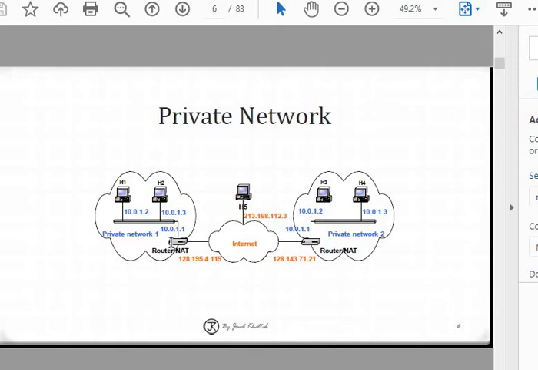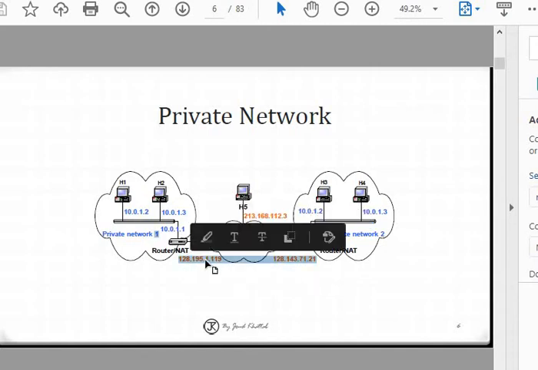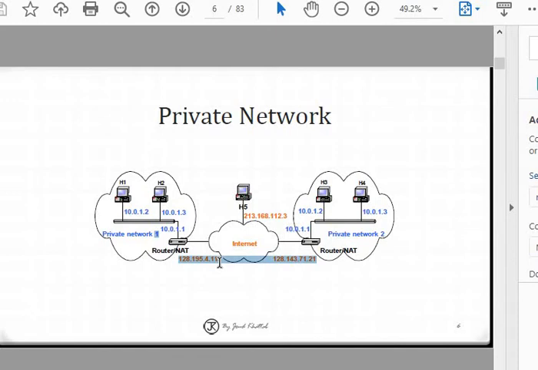Now, your college has taken some ISP, internet service provider, let's say BSNL or Airtel or Tata, which will give you one cable. With that one cable, they will give you one IP address, for example 128.195.4.119. This is the public IP address they will give to your network.